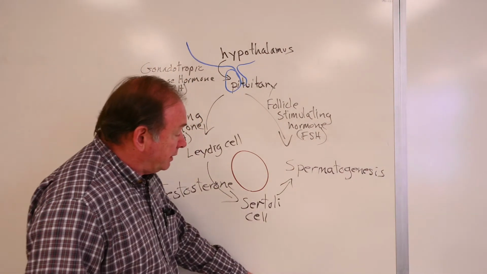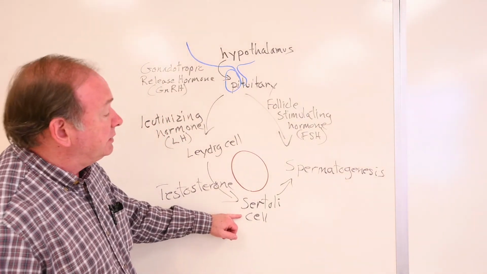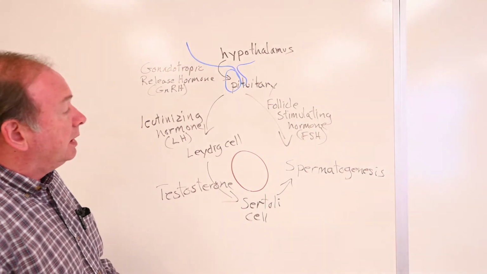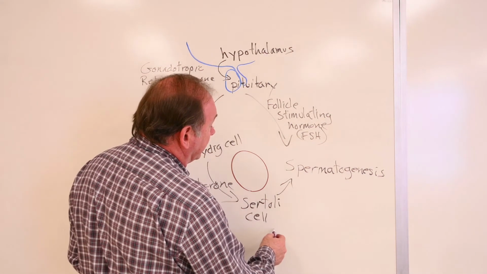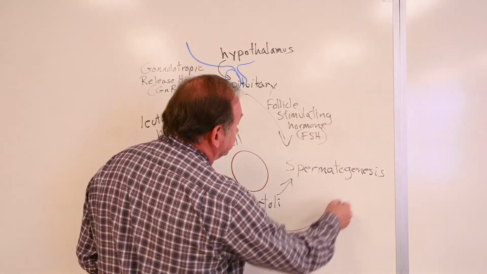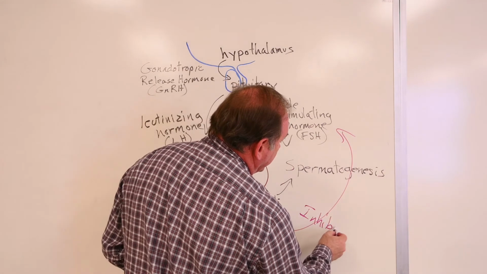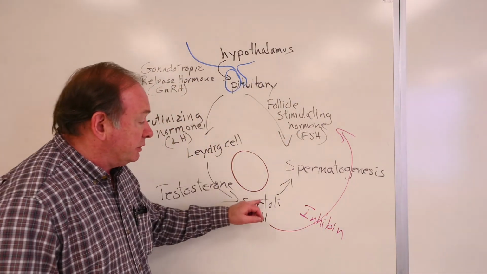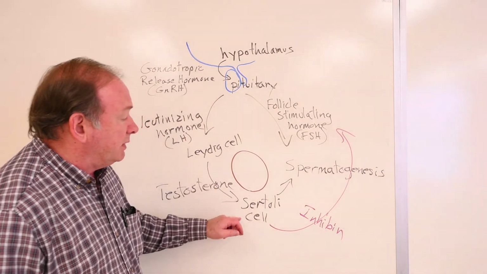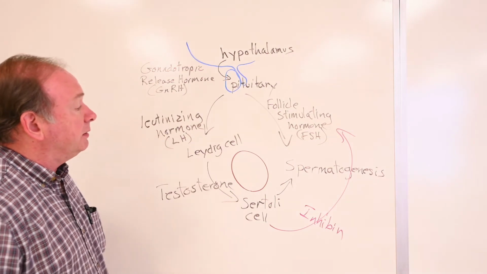Now, earlier we mentioned that there's a hormone called inhibin released from the Sertoli cell. The Sertoli cell's inhibin inhibits the production of follicle stimulating hormone. So the more active the Sertoli cell is from the release of testosterone, the more inhibin it will produce, and that will reduce the amount of follicle stimulating hormone.